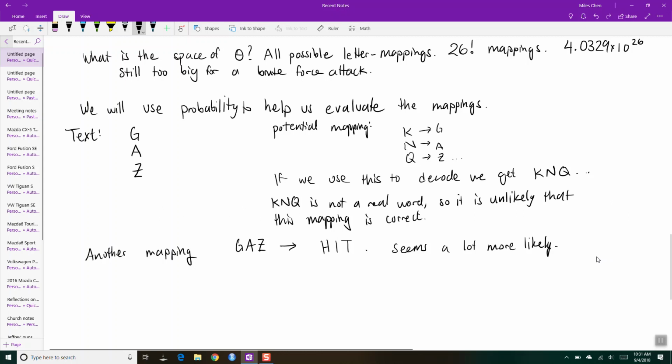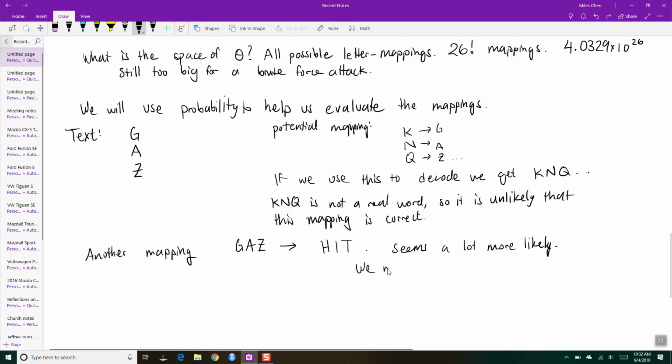Okay, and obviously we would need more text to try to figure out what is the correct mapping, because there's probably thousands of 3-letter words that would all seem like potentially correct, right? The correct one is bed, but any other mapping that produces a correct word would seem legitimate, right? And so hopefully we have enough text so that you can see how all of the letters in the full text get mapped, and you can evaluate it that way, right? Seems a lot more likely, okay?